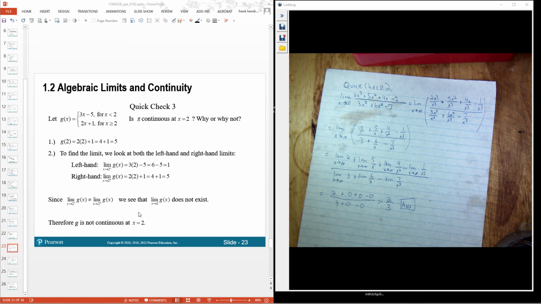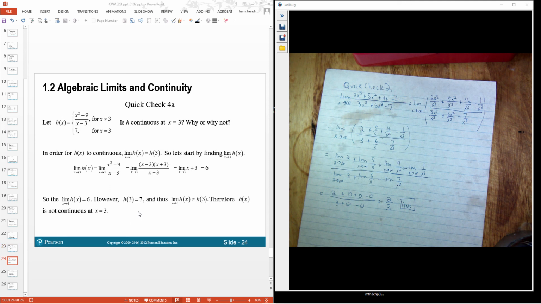Okay, is this one continuous? Is it defined at the point? G of 2 is 5. So they look at the left-hand side and the right-hand side. They're not equal. So it's not continuous. Is this one continuous?